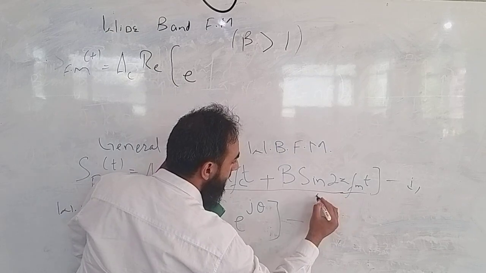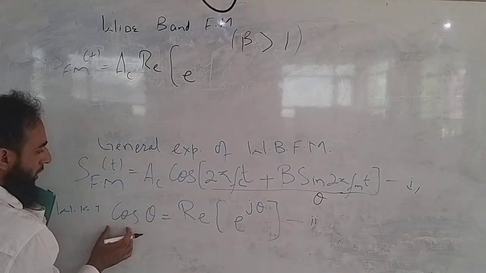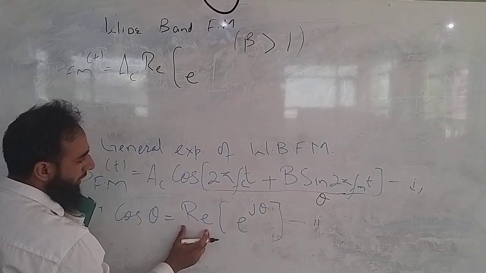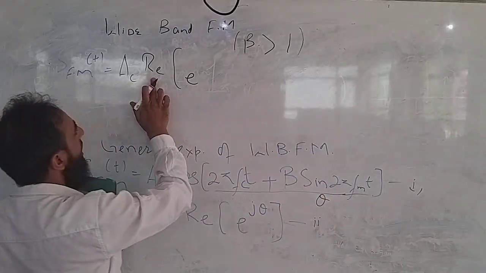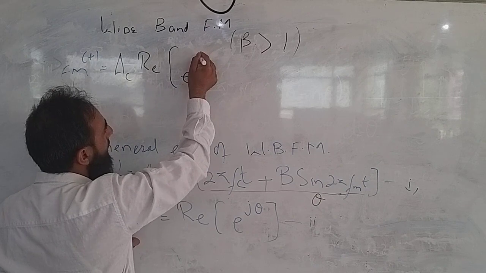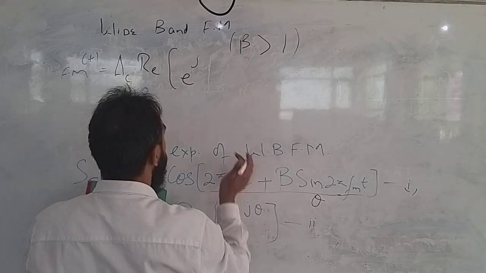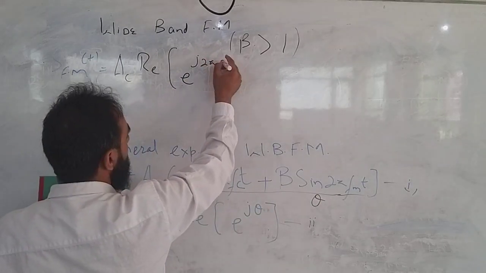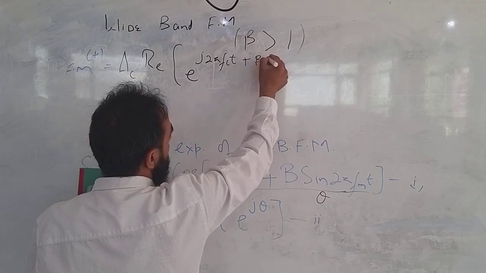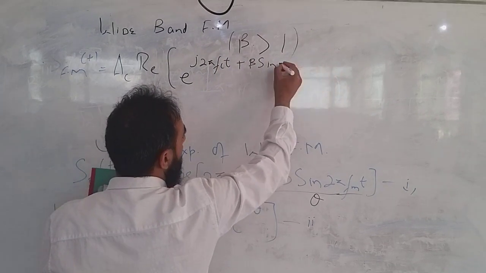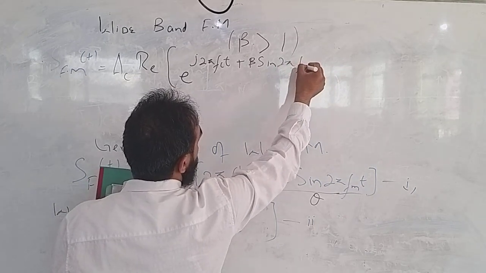Theta. So cos of theta is to be replaced by real of e raised to j theta. So real of e raised to j theta कितना है? ये सारा. So that is 2 pi Fc t plus beta sine of 2 pi Fm t.